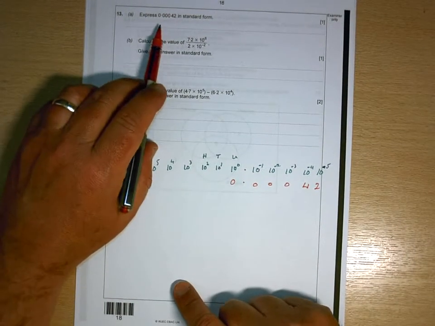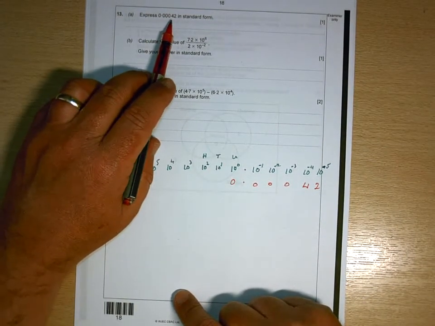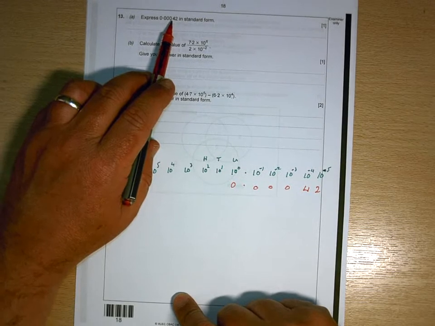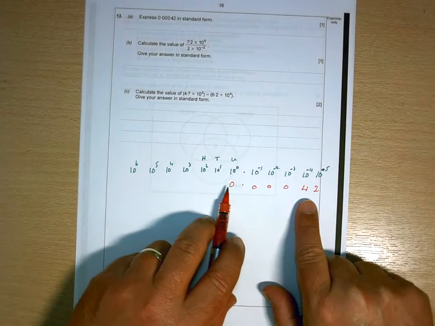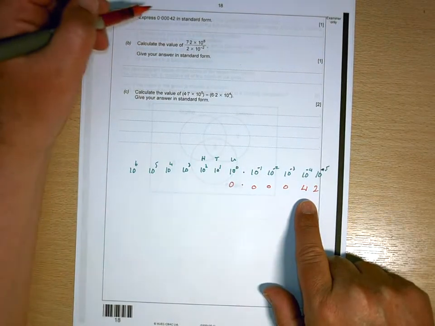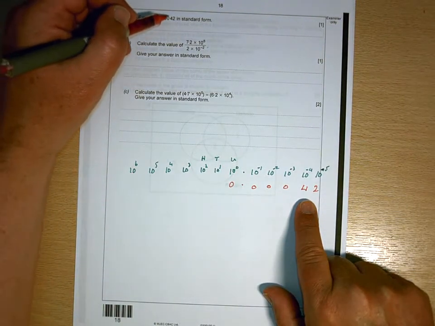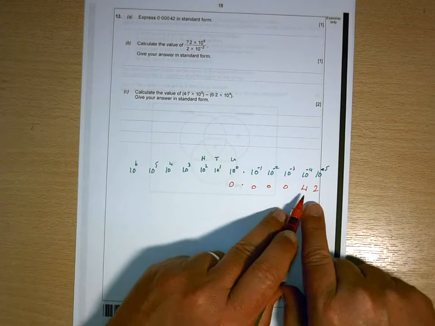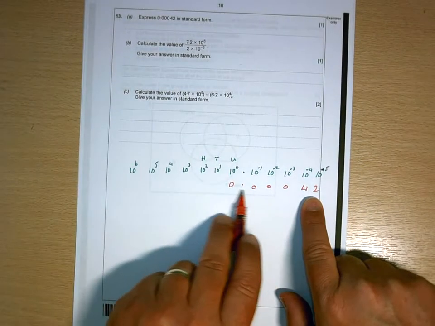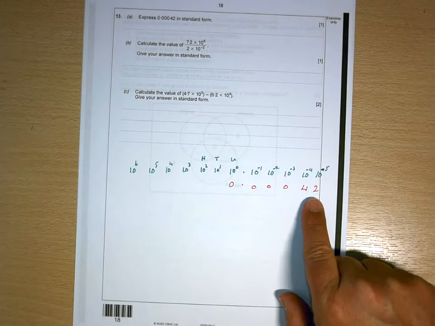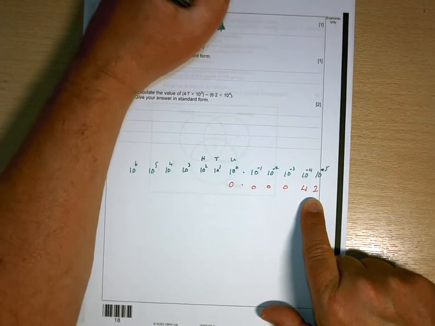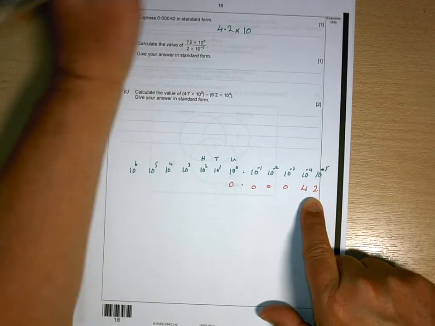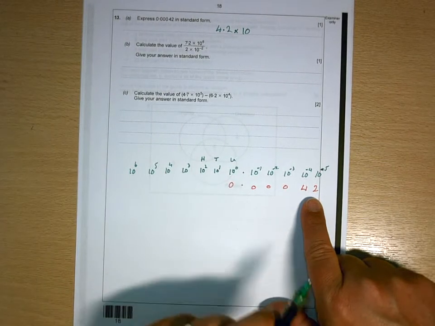For it to be in standard form, the digit part of it has to be between 1 and 10. So with this question, we need the decimal point. We want that to be written as 4.2 times 10 to the power of something.